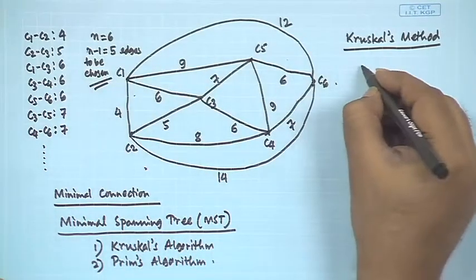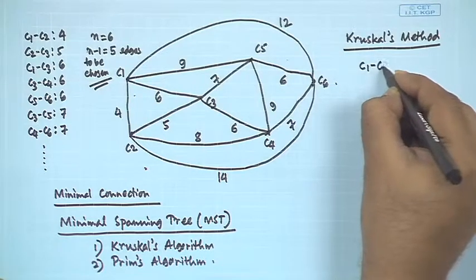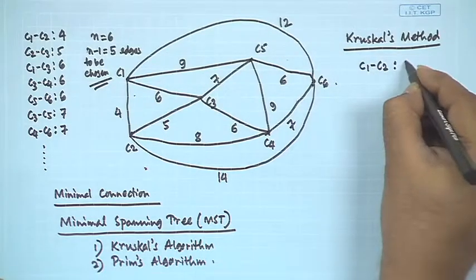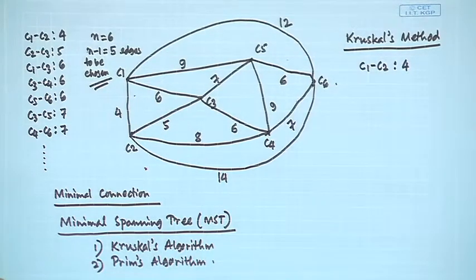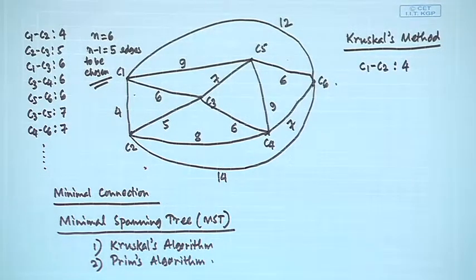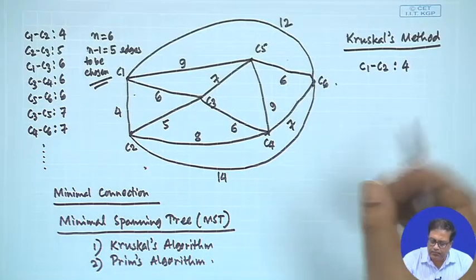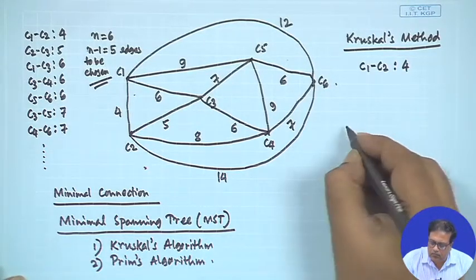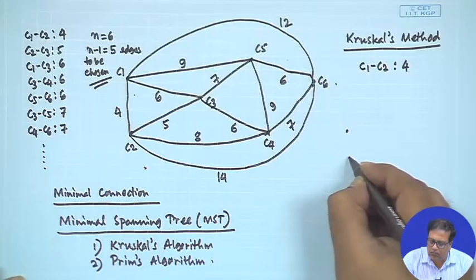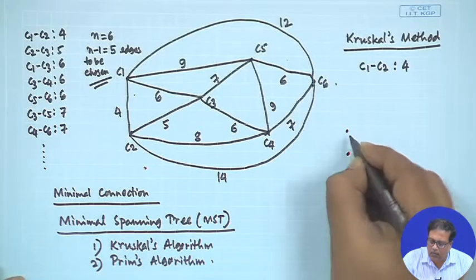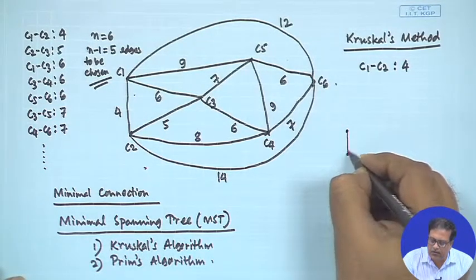So, what Kruskal's method is telling is that first of all select a particular edge, say let us say we choose first C1, C2, 4, already chosen. So, let us draw it here on a particular curve, so C1, C2.